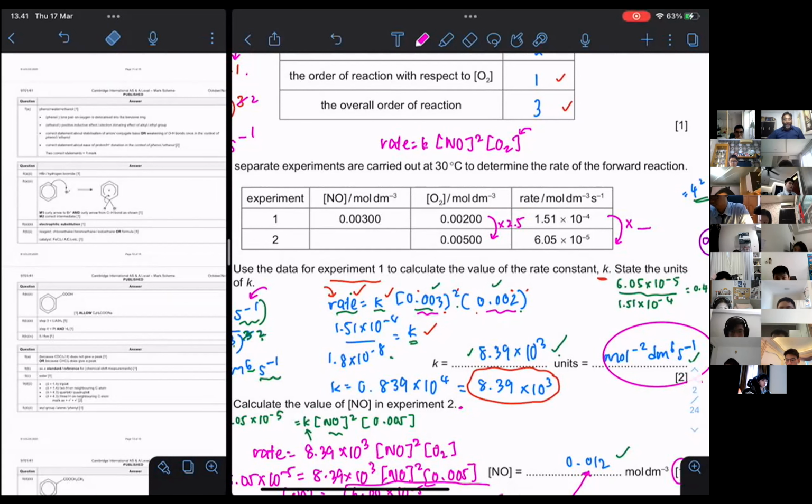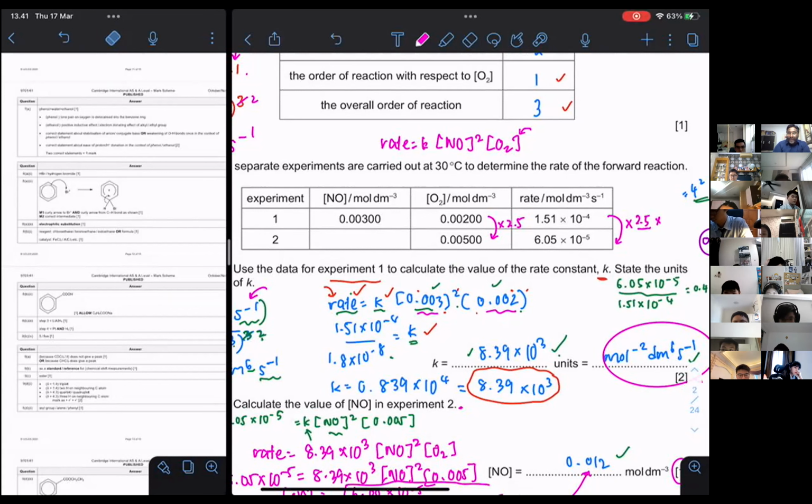Evan, can you try? First order reaction with respect to O2. Yes, correct, Evan. Yeah, 2.5 also. You need to times 2.5 also. But now, this one I put aside. I'm very sure this might not be times 2.5. Let's actually find out.